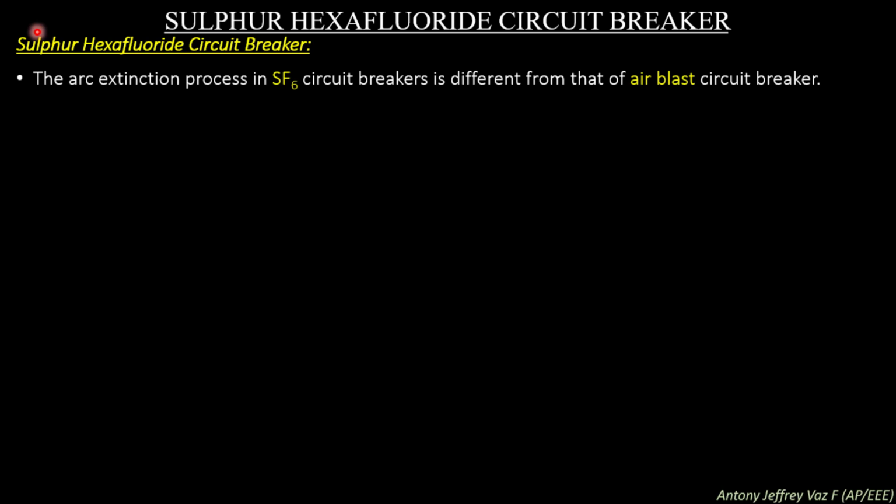The arc extinction process in an SF6 circuit breaker is different from that of an air blast circuit breaker. During the working period, SF6 gas is blown axially along the arc path.